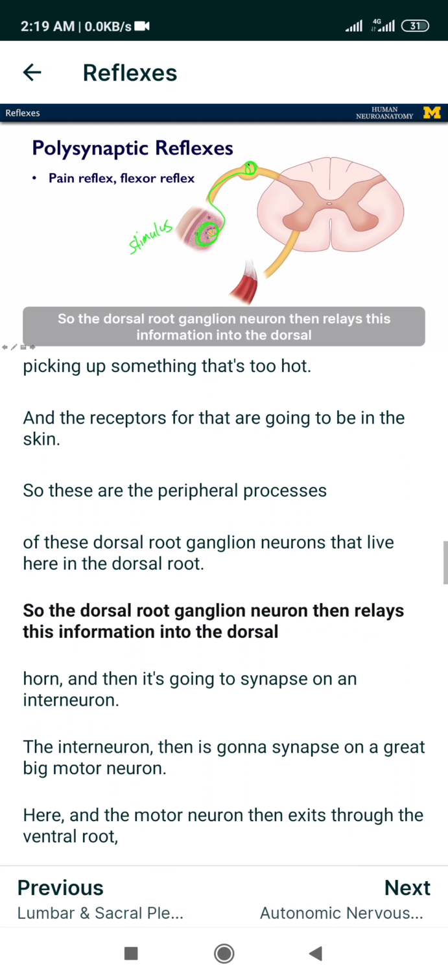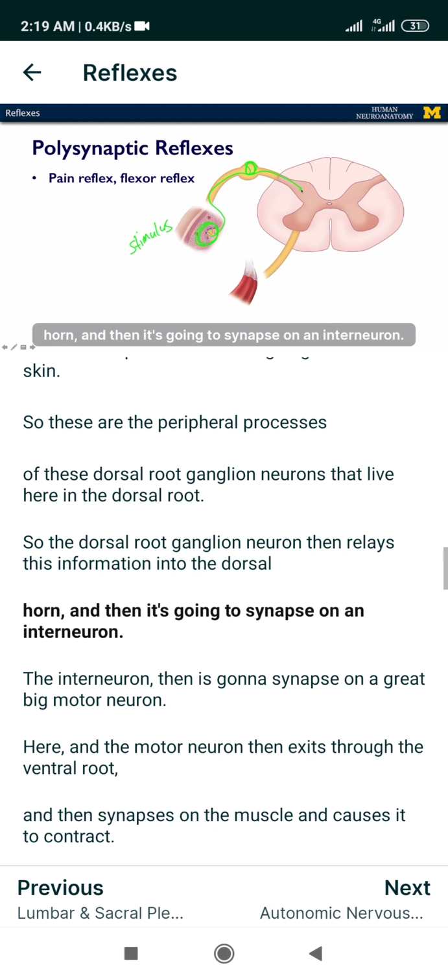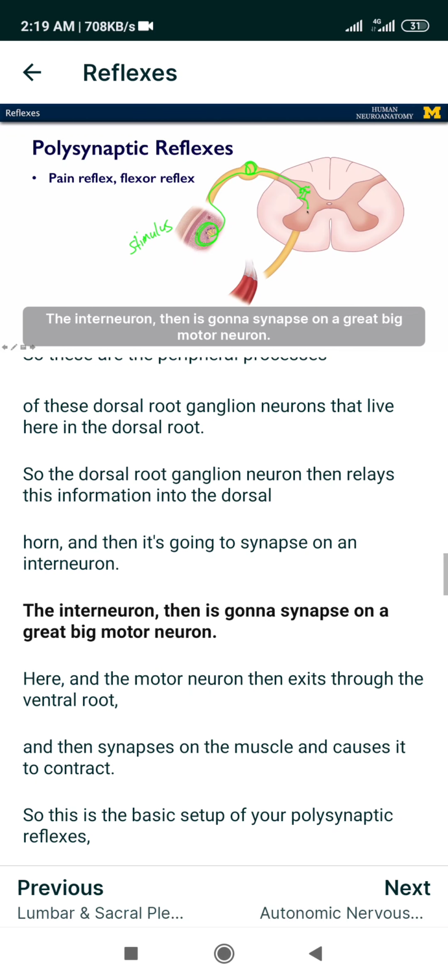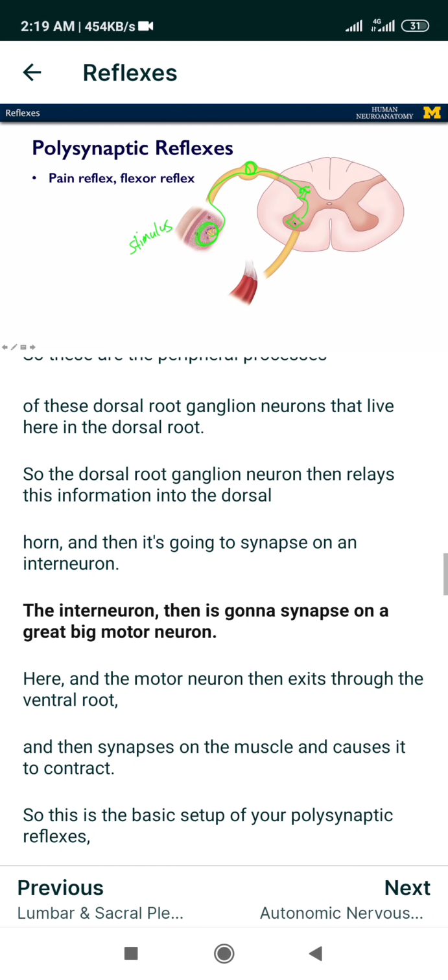So the dorsal root ganglion neuron then relays this information into the dorsal horn, and then it's going to synapse on an interneuron. The interneuron then is going to synapse on a great big motor neuron here.